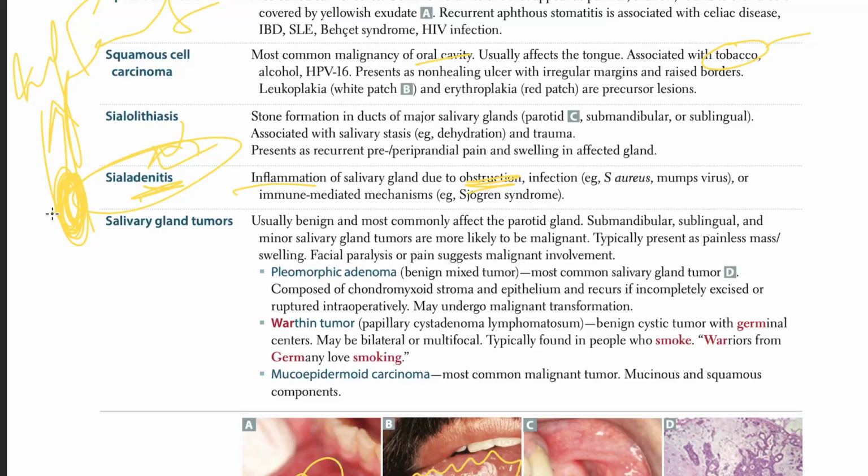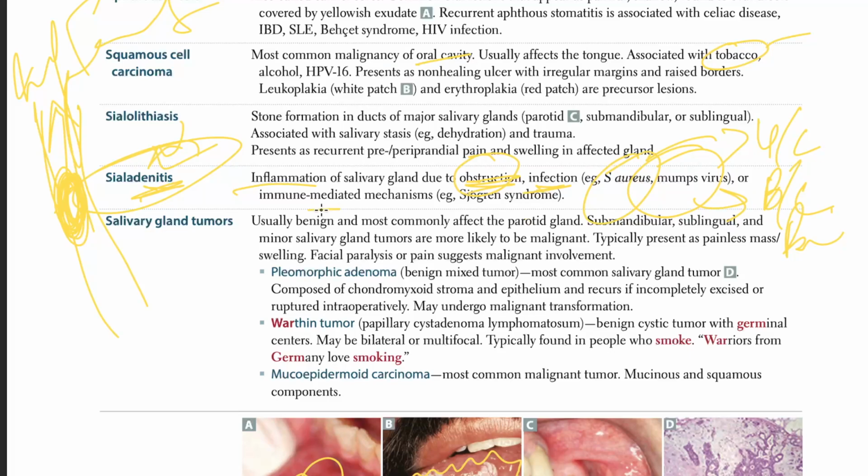So here you go, sialolithiasis, because of obstruction of that duct of the salivary gland. Infection due to Staph aureus is the most common, or the mumps. Staph aureus is going to give you unilateral sialadenitis, meaning unilateral salivary gland inflammation, or in the mumps you will have bilateral gland inflammation, most importantly bilateral parotid gland inflammation.